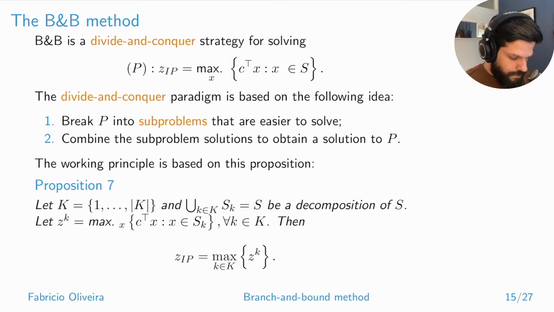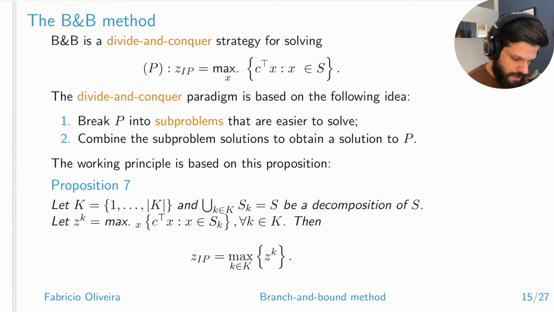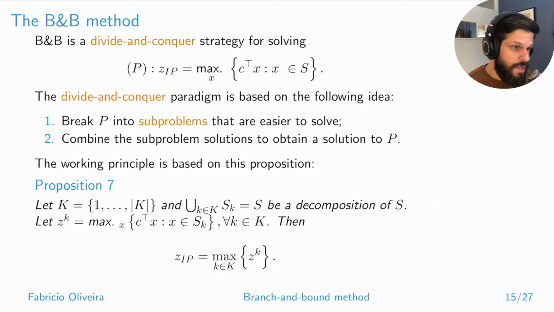And the working principle is basically what is behind this proposition here. Suppose you divided your problem in k parts, and an important aspect of that partitioning process is that when you take the union of the parts, you recover the original search space S. And if that is so, we call this a partitioning or a decomposition of S. Notice that we're maximizing here.